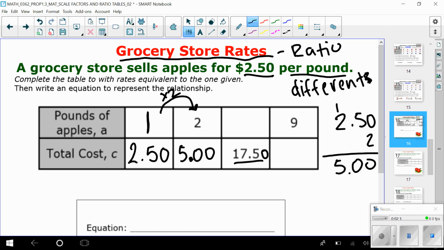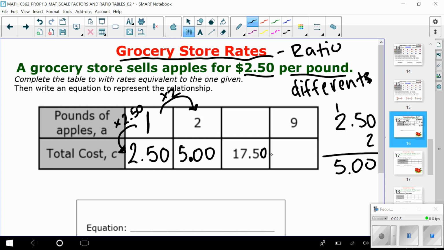So I'm going to look from pounds to cost. Well, I know that this is going to be times 250, right? Because in order to get from 1 to 250, I would multiply by 250.